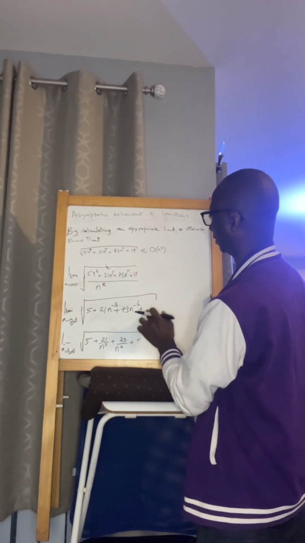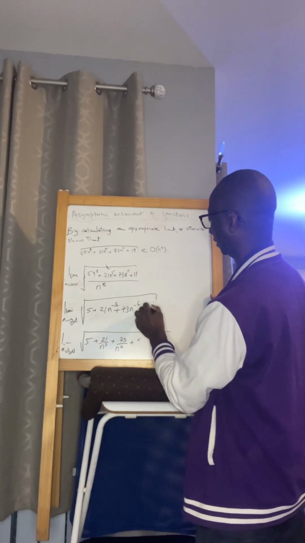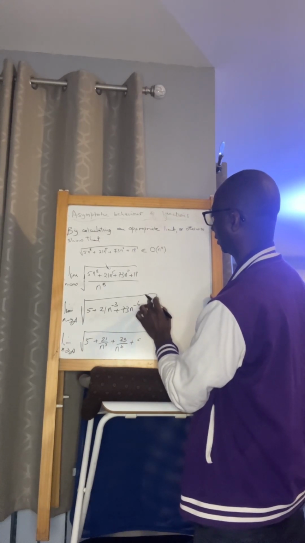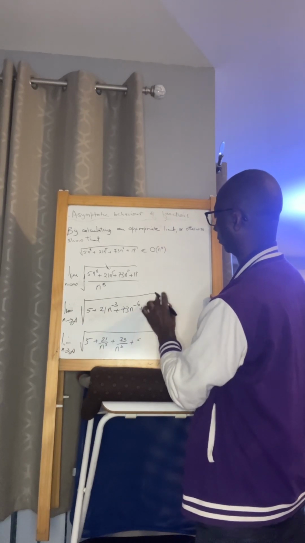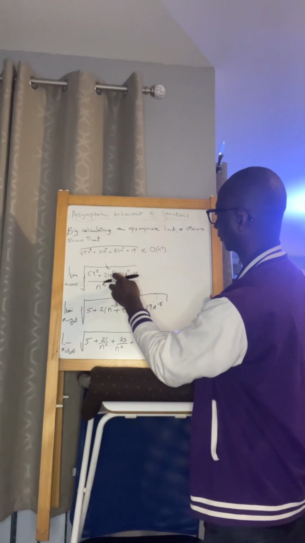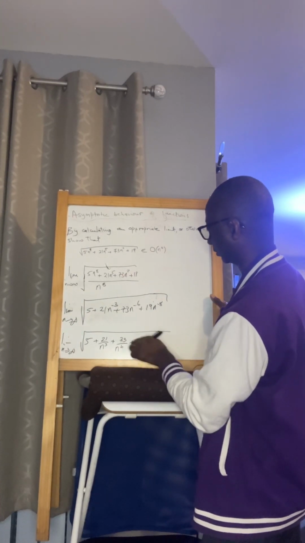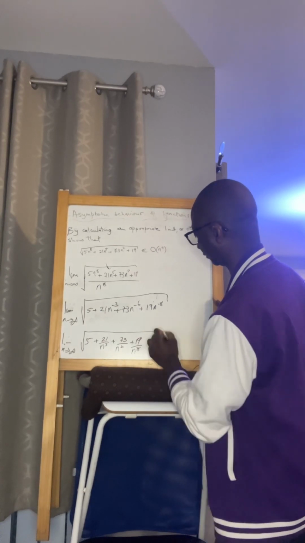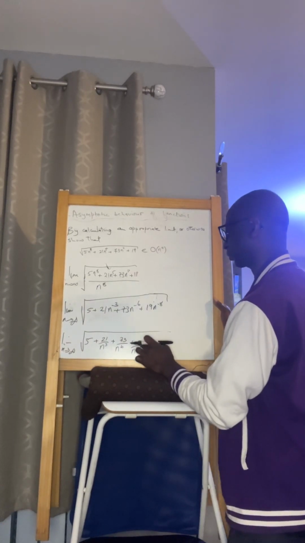Yeah, I forgot here, sorry. Plus 19 n to the power of minus 8, sorry. Yes, 19 all over n to the power of 8. So this is what we got.